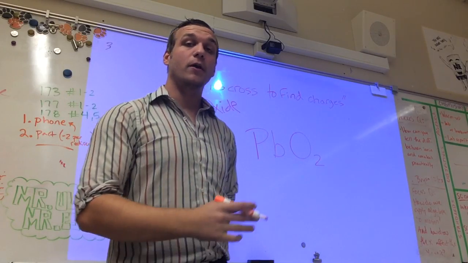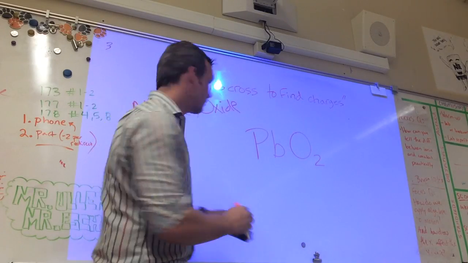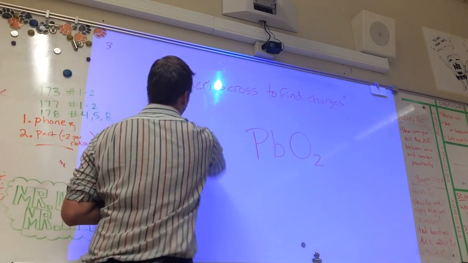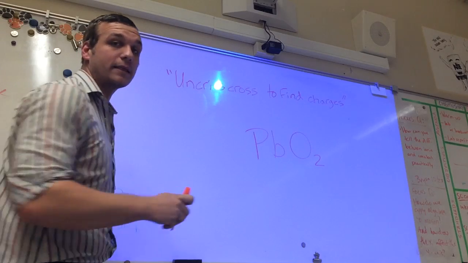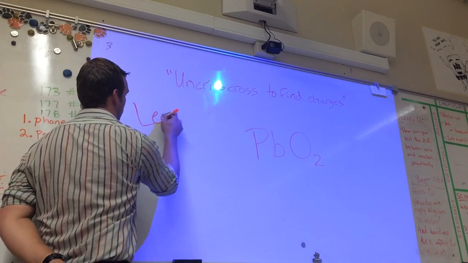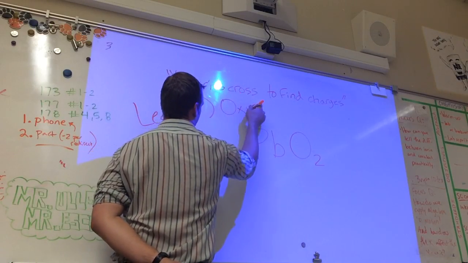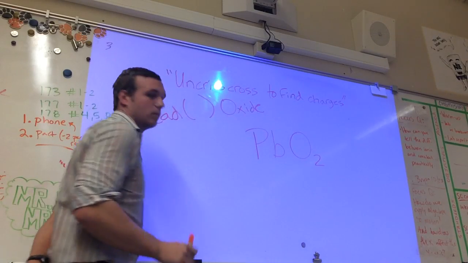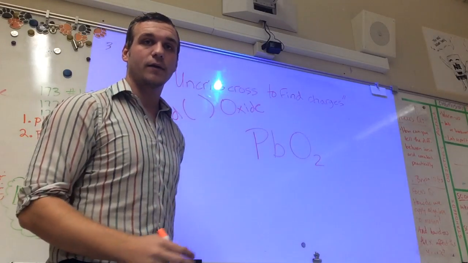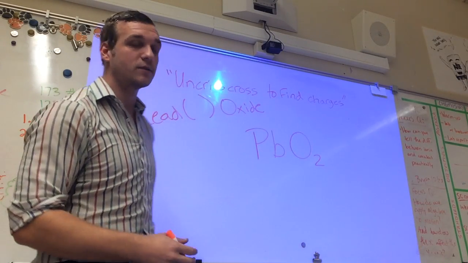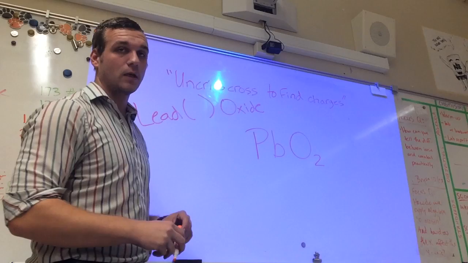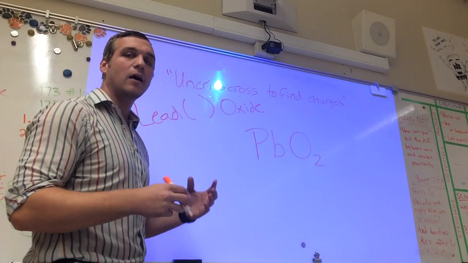So we're going to try PbO2. I'm going to erase this. Pb is lead. Oxygen is oxide. So we still are missing the parentheses. So let's find out this charge.